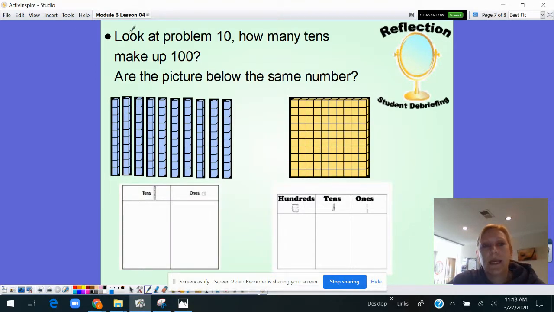Now let's look at number 10. How many tens make up 100? 1, 2, 3, 4, 5, 6, 7, 8, 9, 10. So there's 0 ones, but we have 10 rods.